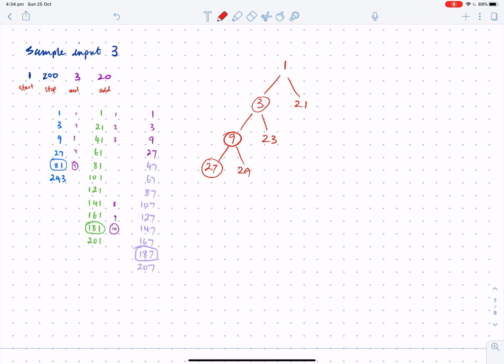Starting with 27, if we multiply, we'll get 81. And if we add, we'll get 47. And hello, now we're taking an add instead. And that means we don't ever need to consider multiplying again. So we've got 67, 87, and so on, up to 207, which is a bit too much.